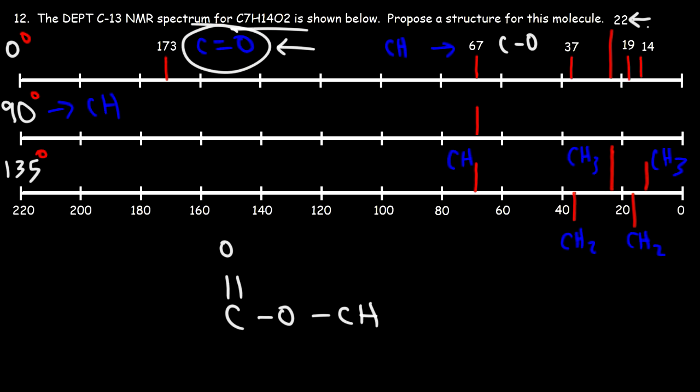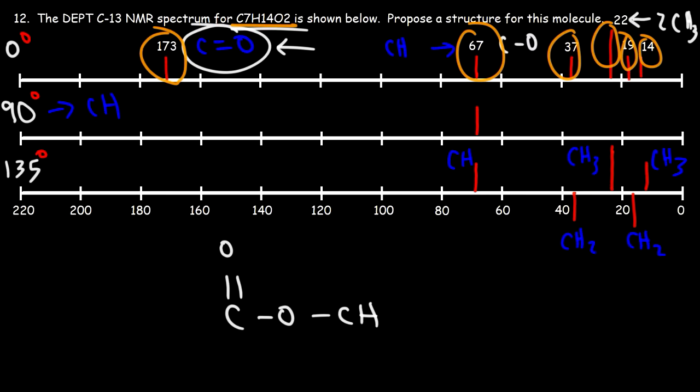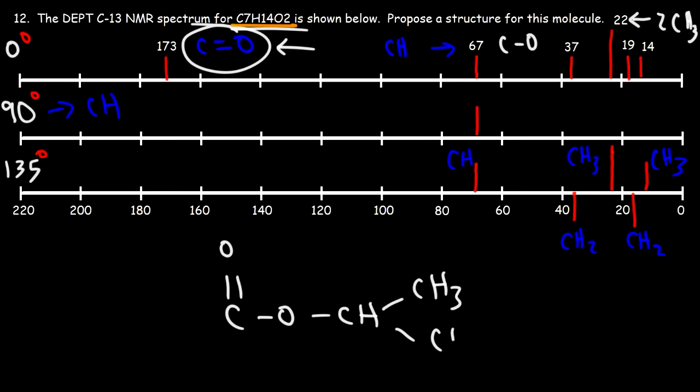So this has to correspond to 2 methyl groups. And the reason why we could say that is, notice that we have a total of 7 carbons in this structure, but we only have 6 signals. So that means 2 carbon atoms have to be equivalent. So this indicates that we have an isopropyl group, which is usually attached to a CH carbon.